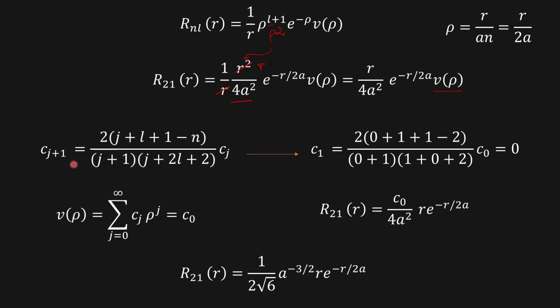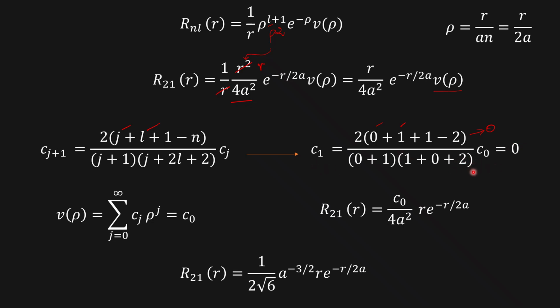Here j is equal to 0 and l is equal to 1, so the numerator is 1 plus 1 minus 2, which is 0. So C1 is naturally equal to 0.